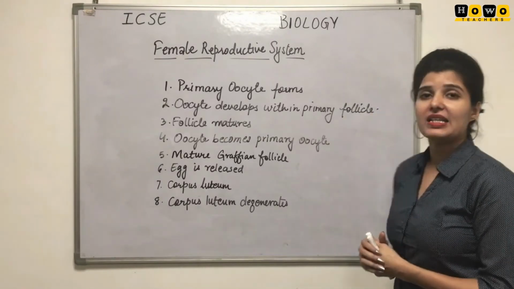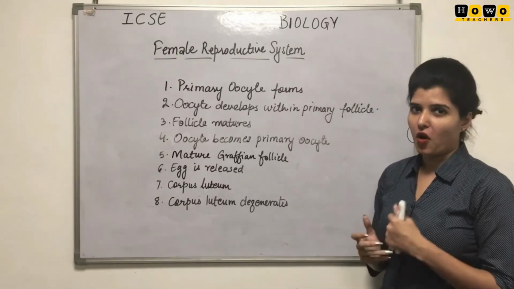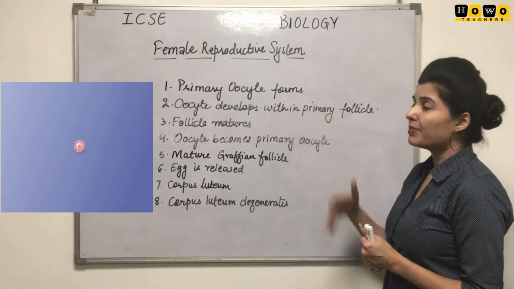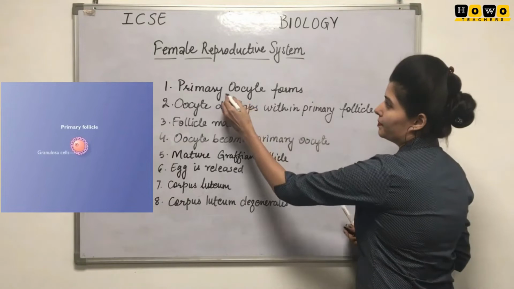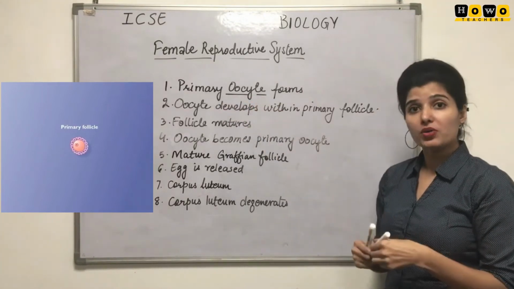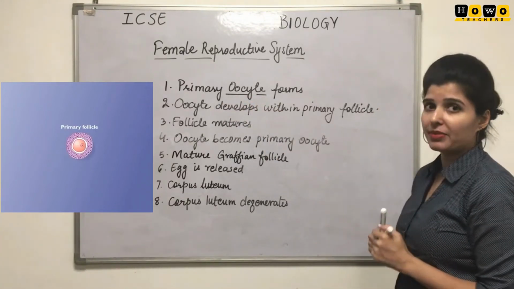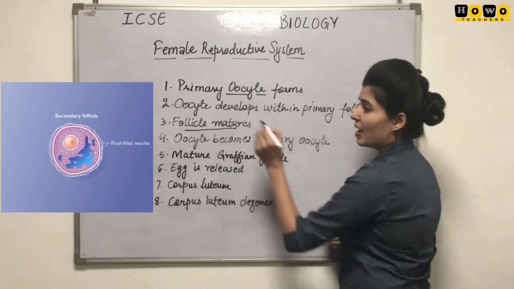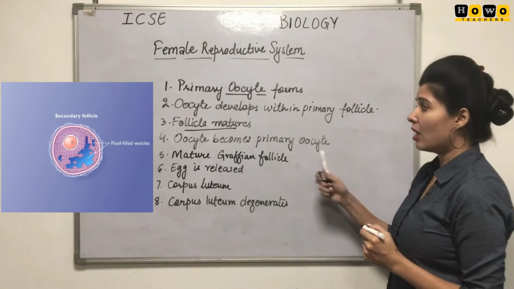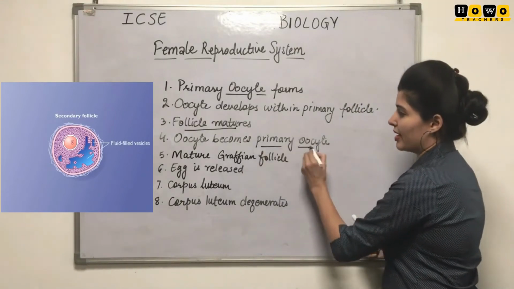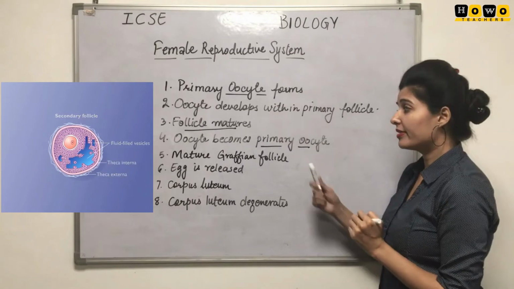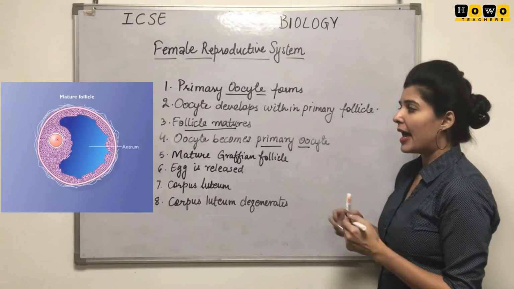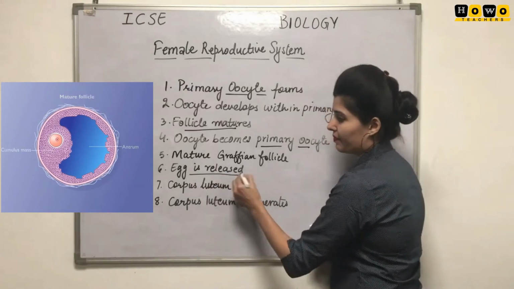So let us see the steps in the formation of an egg. Firstly, inside the ovary, the primary oocyte is formed. Then the oocyte develops within the primary follicle. This follicle matures and the oocyte now becomes the secondary oocyte. A mature Graafian follicle is then formed, which ruptures and the egg is released.